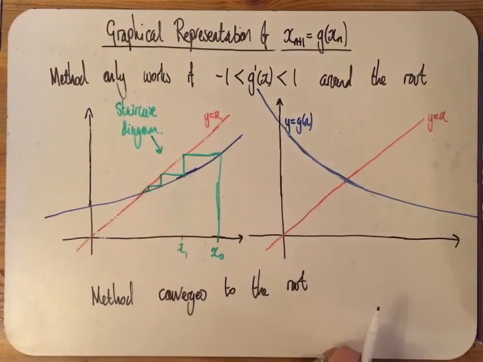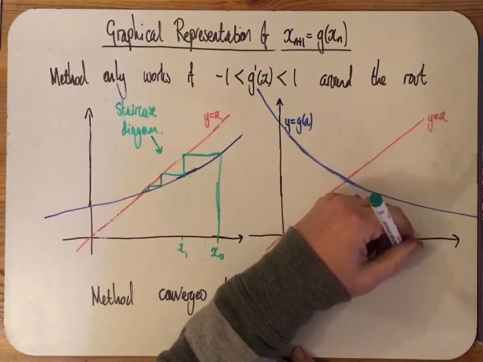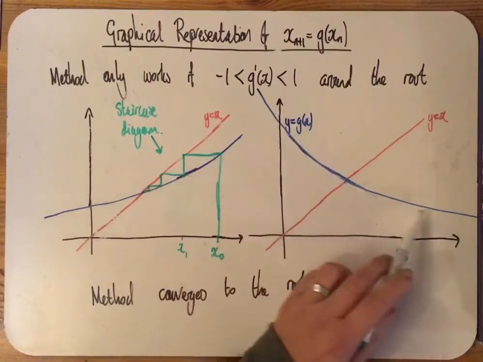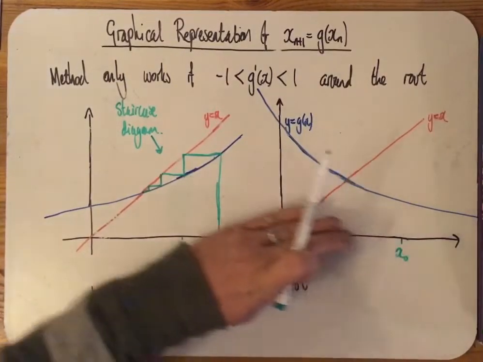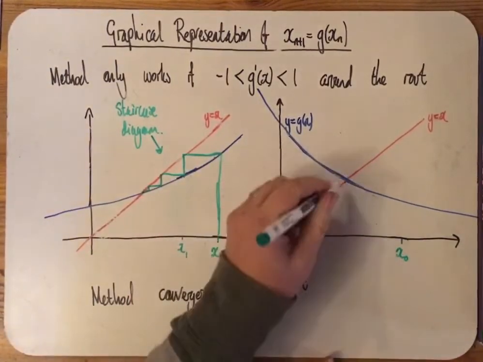Here, I'm going to put my x0, my starting point, over here. I'm going to do the same thing. This time the gradient of g(x) is negative, but it's shallower than 1. So you're looking at a gradient between -1 and 0 around here.